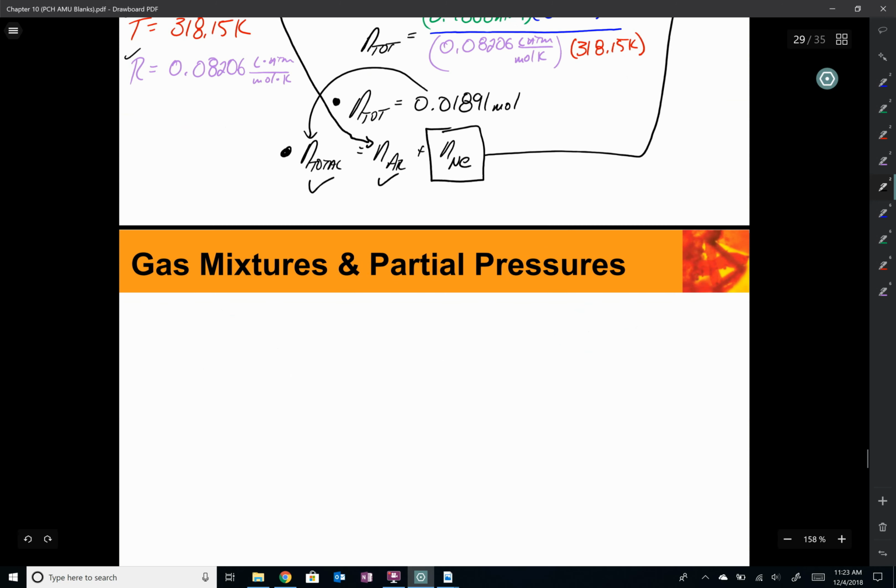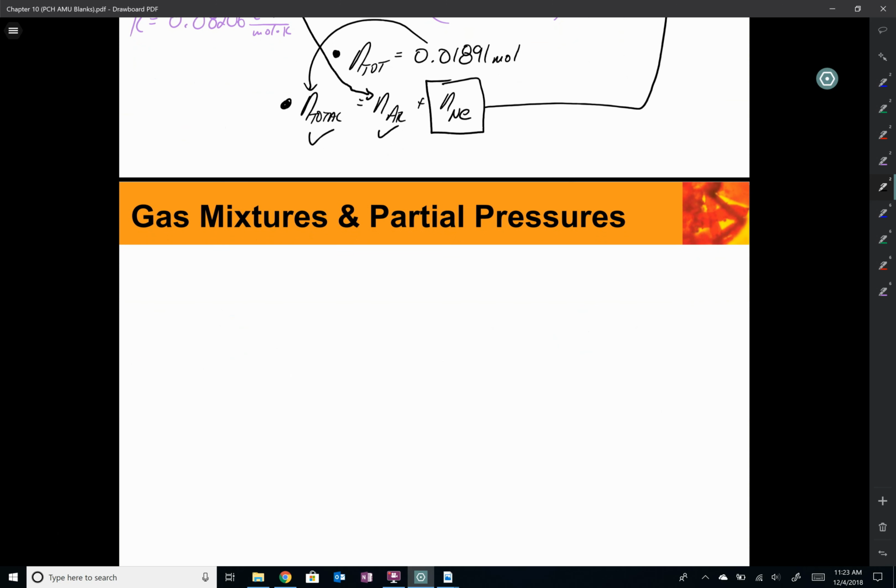All right, so let me see if I can keep this on the screen here. So we were given information that we have 0.05 grams of argon. We convert that into moles, 39.948 grams for every 1 mole of argon. 0.01252 moles of argon.